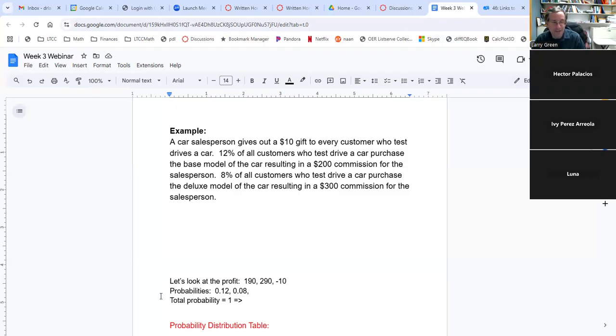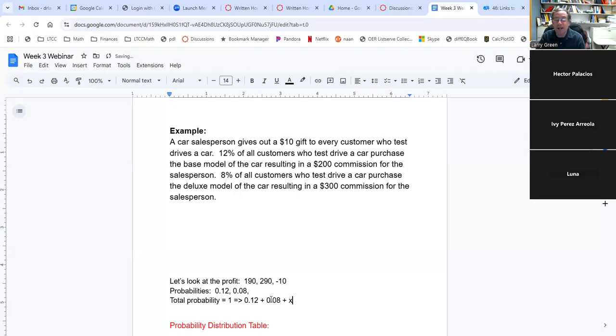All right. Now the total probability is always 1. That was something we had last week: if you add up all the probabilities, they have to equal 1. So that means 0.12 plus 0.08 plus the probability of losing $10. We don't know that probability.